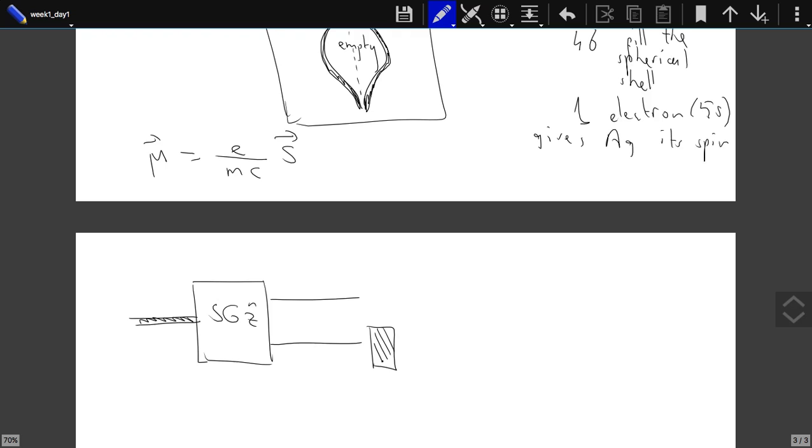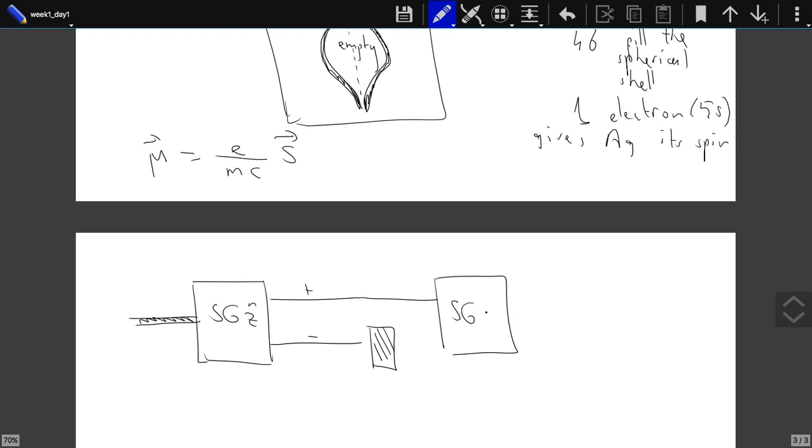Basically, I'm making a spectrometer out of this Stern-Gerlach experiment. I split them up and pick one of them, the type of silver atoms deflected in the plus Z direction. I will call that plus, and this one minus.